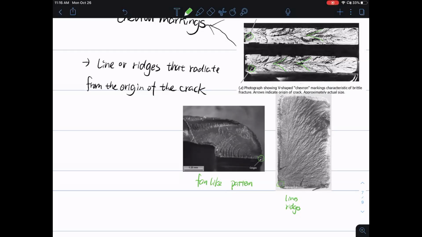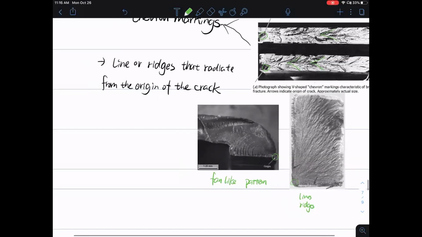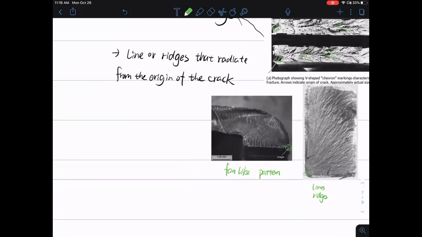So it helps the company improve their products. If you're interested, you can look that up. That's called fractography.